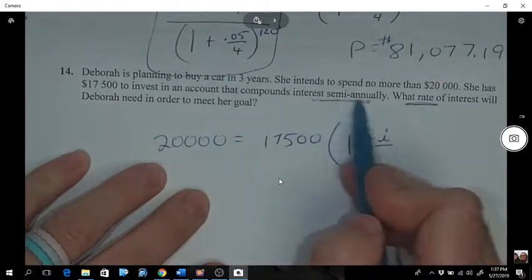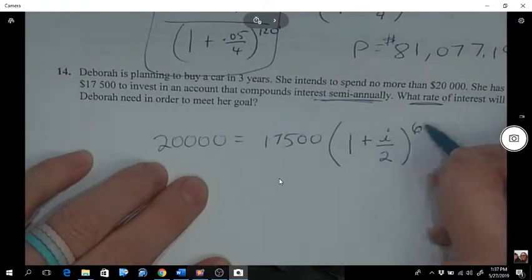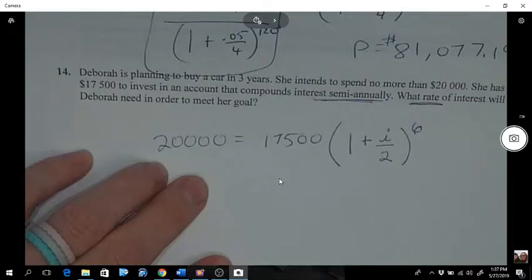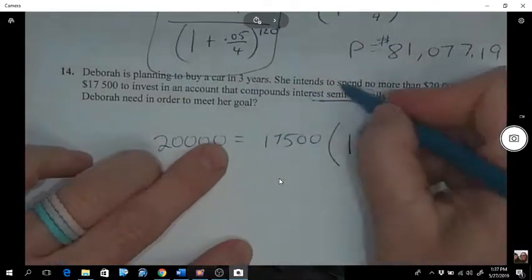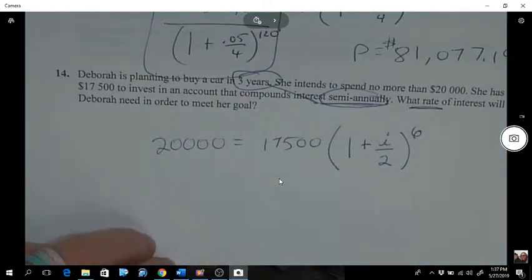Compounds semi-annually, so we need a 2 there, and I'm going to put a 6 up there because 2 compounds per year times 3. That's where I get the 6 from.